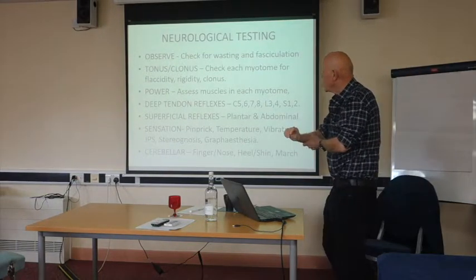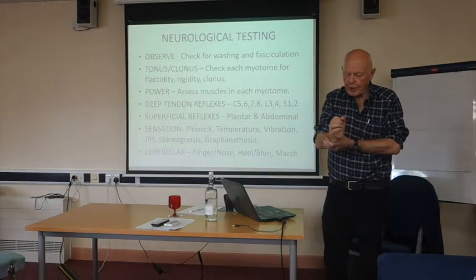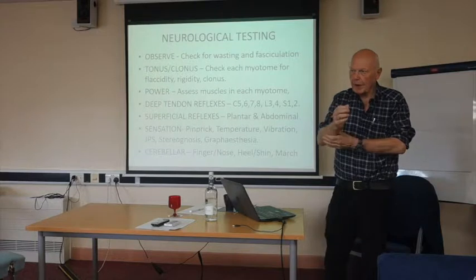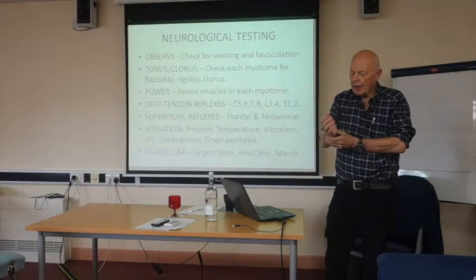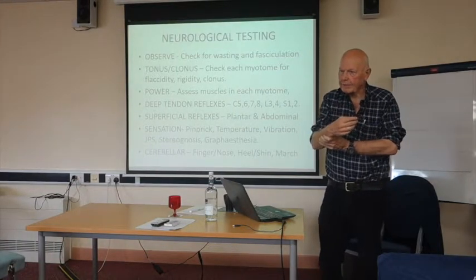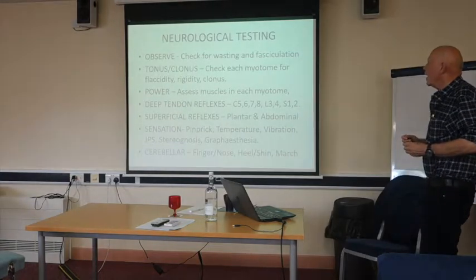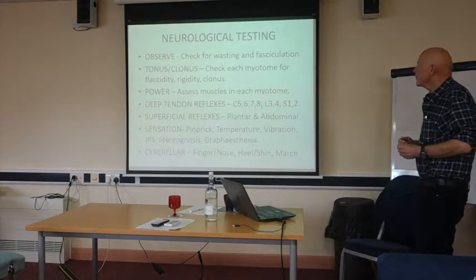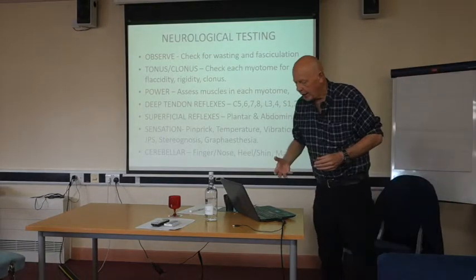And there's another thing called clonus, which is if we provoke a muscle where there is an upper motor neuron lesion, then that muscle might overreact and kick back against us. I'll come back to that in a minute. In fact, I'll just do it now, it saves a minute.